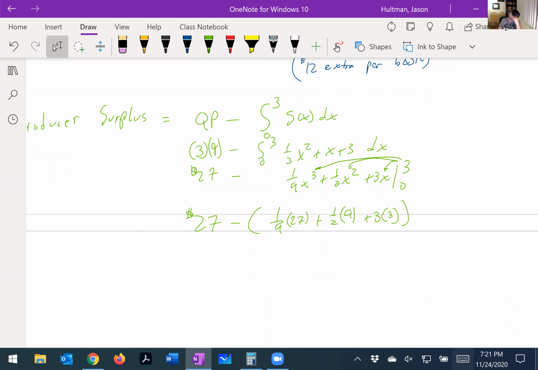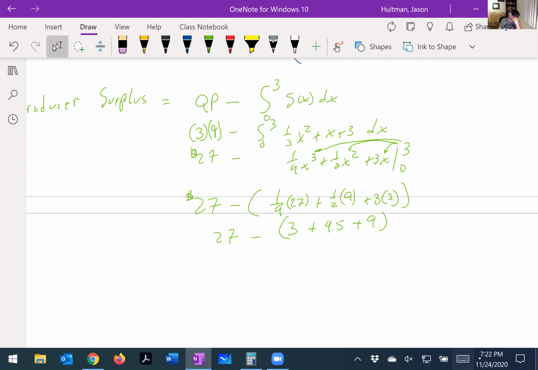So 27 divided by 9 is just 3. So this is 3 plus 4.5 plus 9, which is 16.5. So 27 minus 16.5 is $10.50.